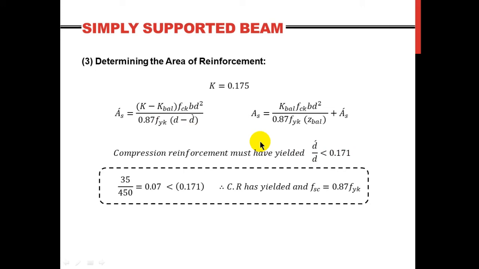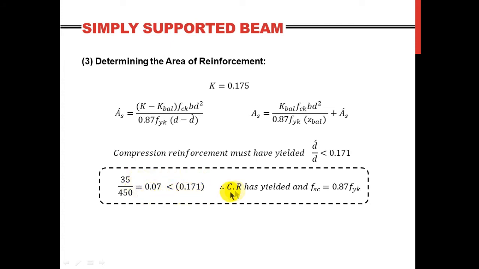So let's check it with our case. Now we have the d prime, it is 35, and we have the d, the effective depth to tension reinforcement. If you put this ratio here, you'll get 0.07. Now this figure is less than this figure.